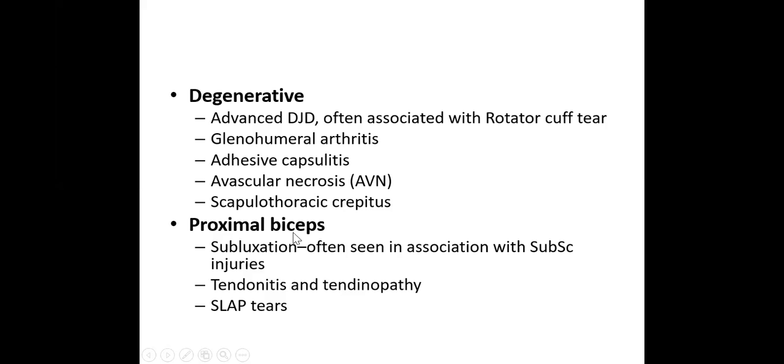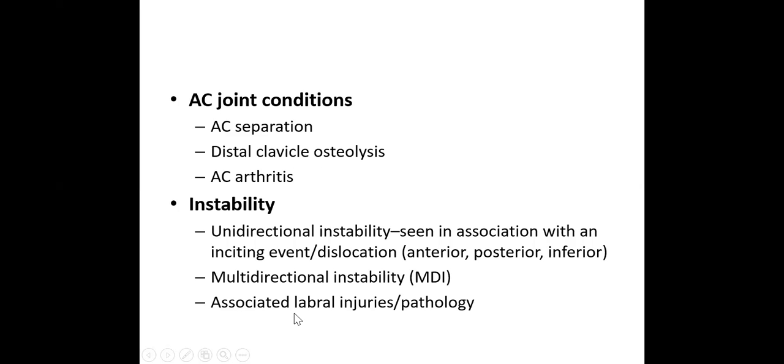Some conditions from the proximal bicep, that is subluxation, which is most commonly experienced with the subscapularis injuries, tendinitis and tendinopathy, as well as the SLAP tear.